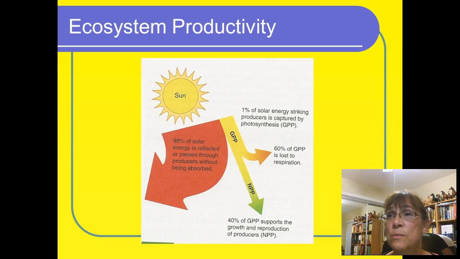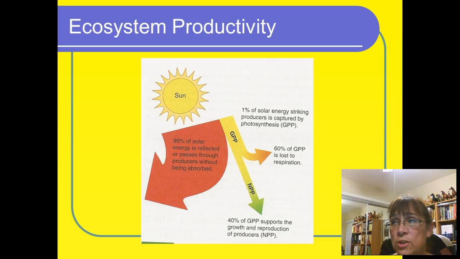Plants tend to respire, just like people do, cellular respiration, although they don't do it as fast as we do. So actually what you're seeing here is a 60% loss, and 40% then goes into that plant from the sun.